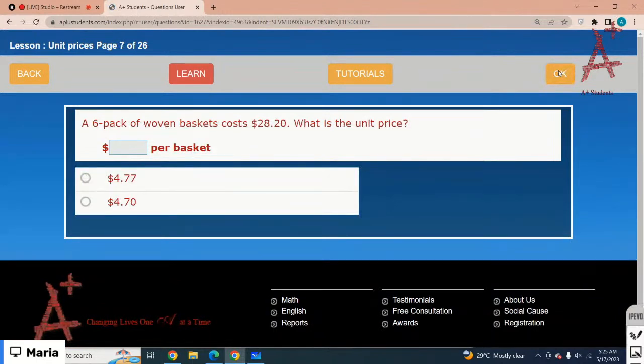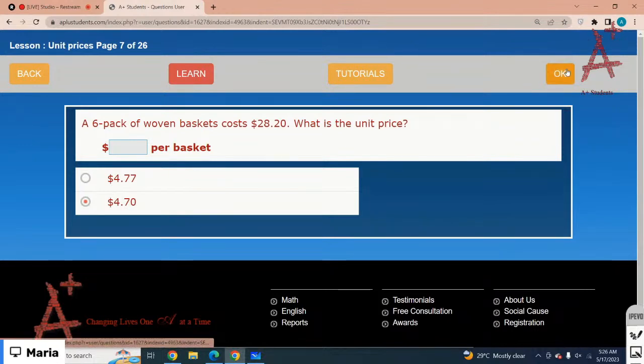Okay, a 6-pack of woven baskets costs $28. What is the unit price? So which is the correct option? It would be $4.70.